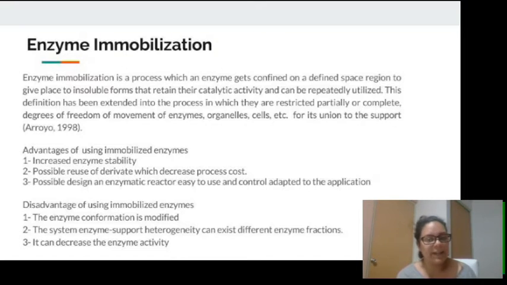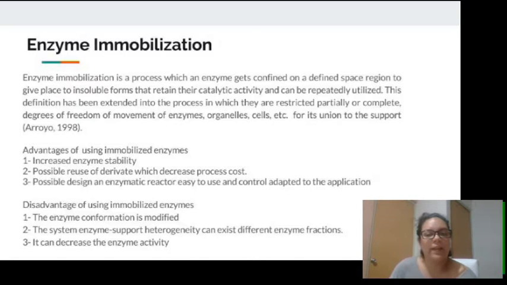The disadvantages of these methods are that the enzyme conformation is modified, and in the enzyme-support system heterogeneity can exist with different enzyme fractions, and this can decrease enzyme activity.